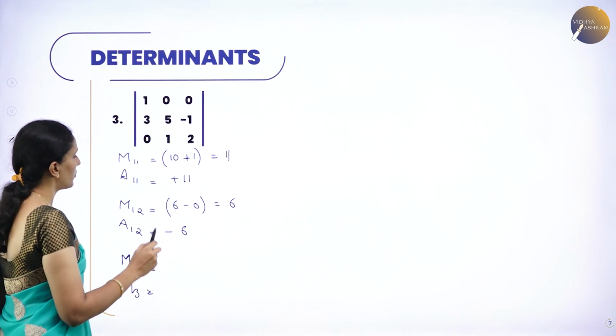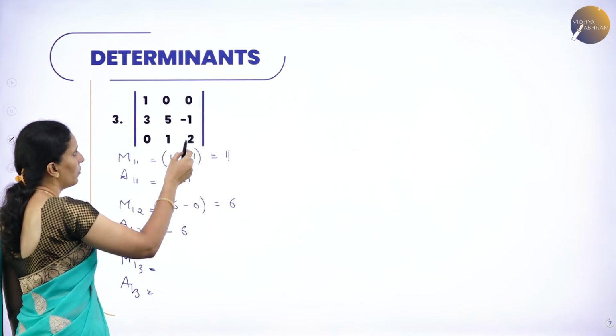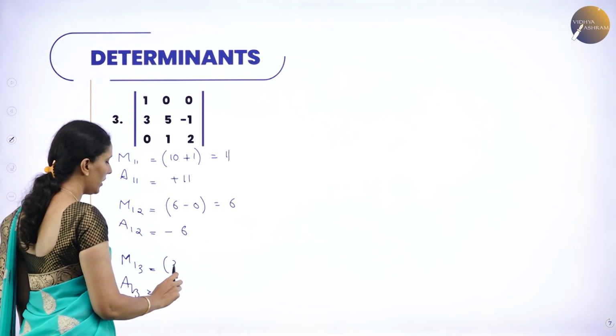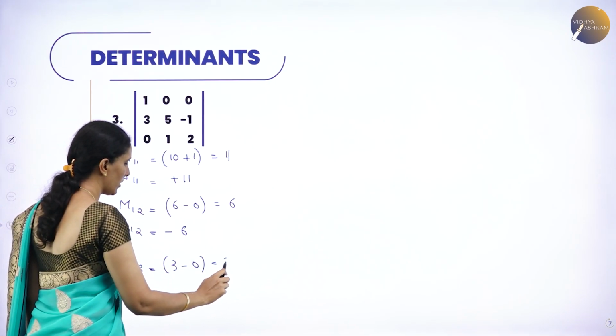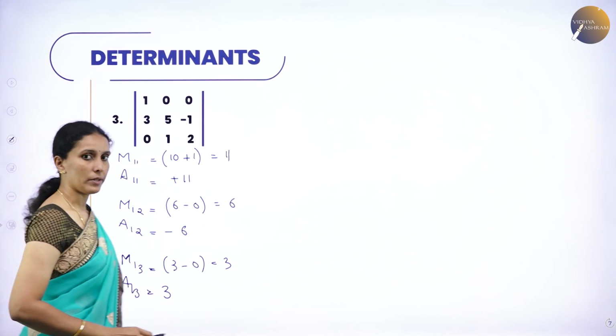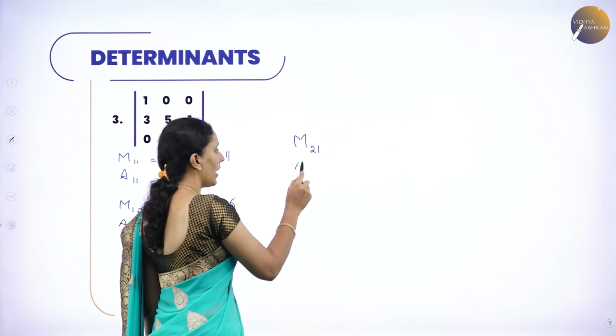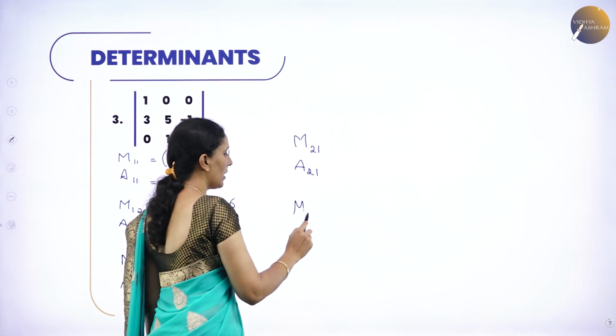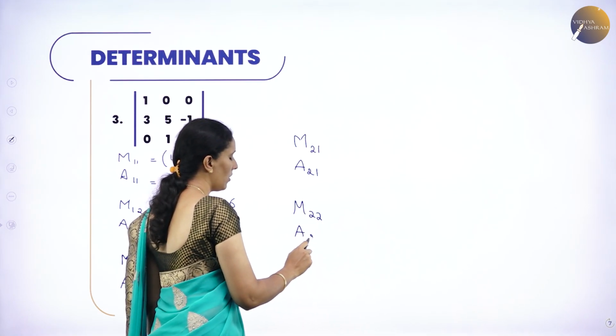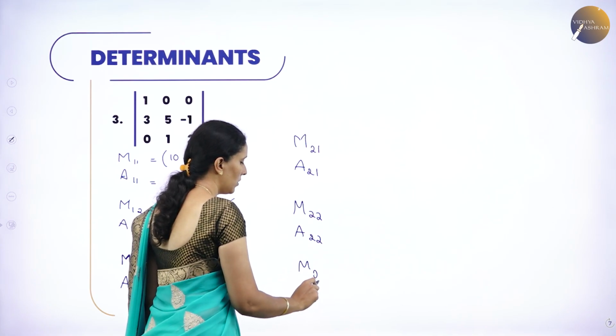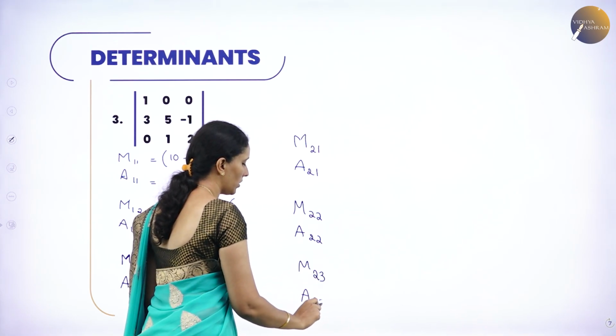Similarly for M13, that is this 0, we have 3 1s are 3 minus 0 which is 3 and the cofactor is also 3. Next we will take M21, A21, M22, A22, M23, A23.